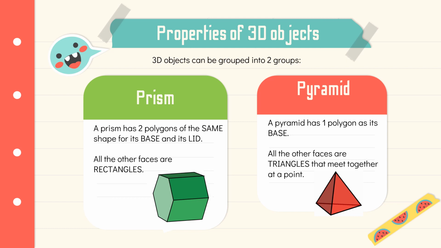So all the other faces of a pyramid are triangles, and they meet together at a point called the apex. So if you have a look at this pyramid here, we also name pyramids after the shape of its base. The base of this pyramid is a triangle, so it would be called a triangular based pyramid or just a triangular pyramid.